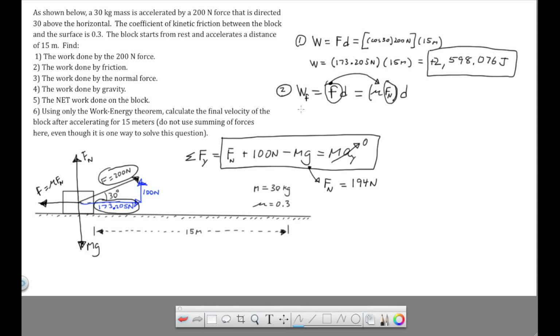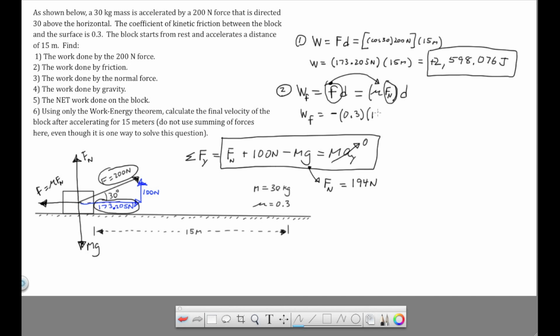Okay, so now we go back up here. So the work of friction, let's just go ahead and put the negative in right now. Again, the reason it's negative is because friction is opposite motion. Forces that act against the motion are considered to do negative work. So our coefficient is 0.3. I'm just plugging in right here.